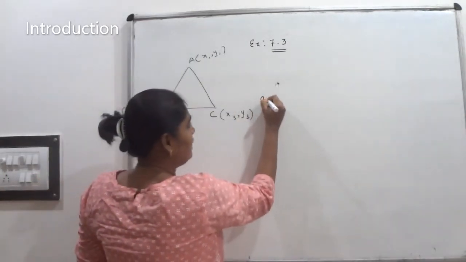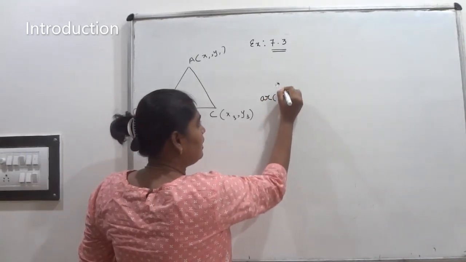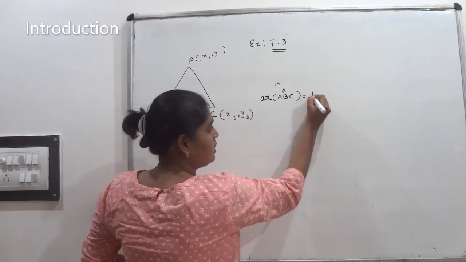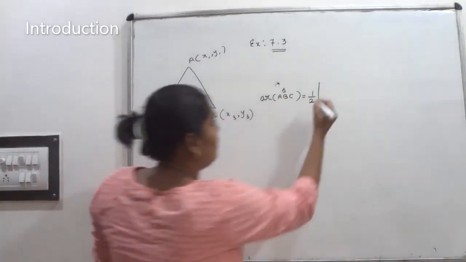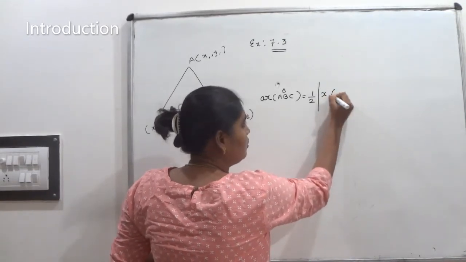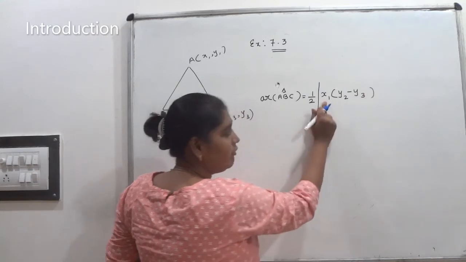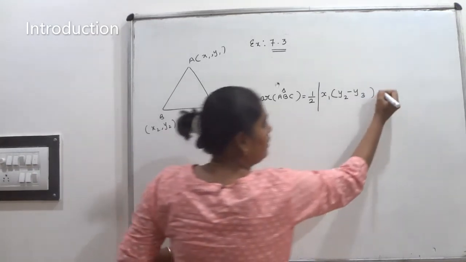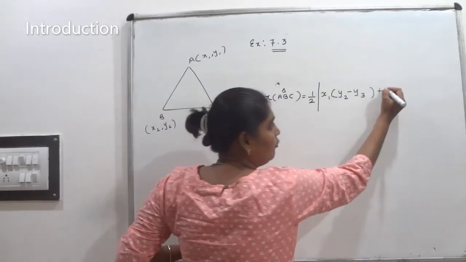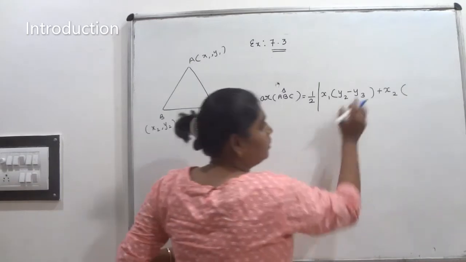See, area of triangle ABC, you should learn this formula by heart, which is equal to half into modulus x1 into (y2 minus y3). See here, after x1 what you should write? y2 minus y3, plus, now the x1 term is over, then go for x2 into y3.